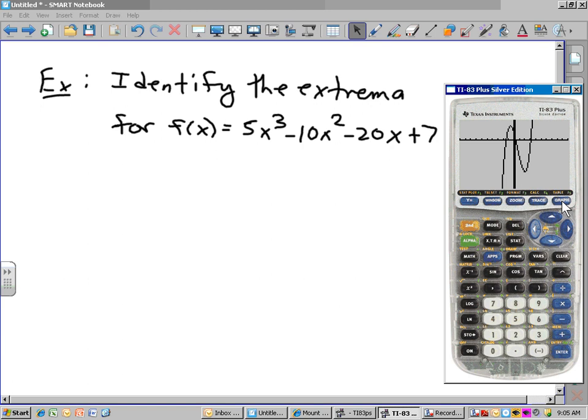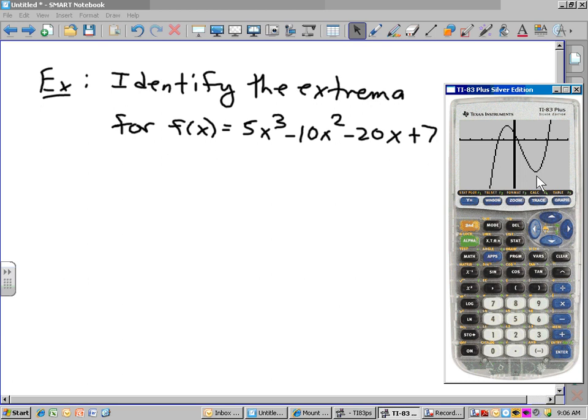All right, so we definitely have, looks like to me, a local min and local max. I'm going to go ahead and change the window one more time. I'm going to make the x min and max negative 5 and 5, just so we can see a better picture of that curve. All right, if you look at my cursor here, looks like to me we have a local maximum here, a local minimum occurring here.